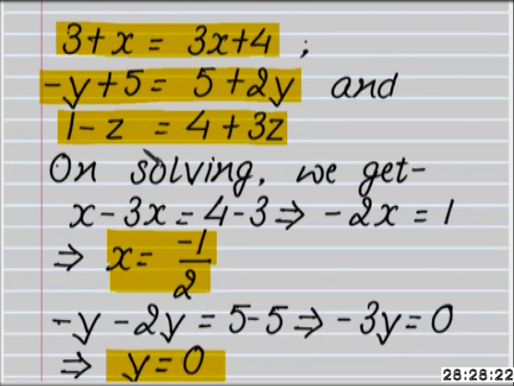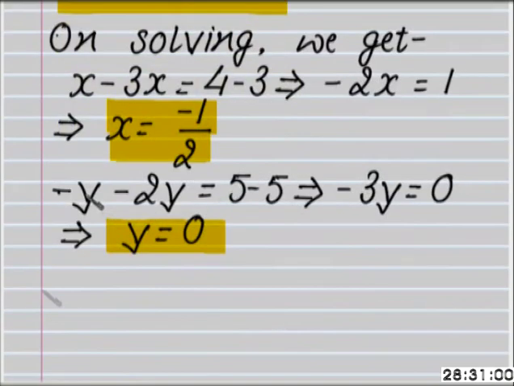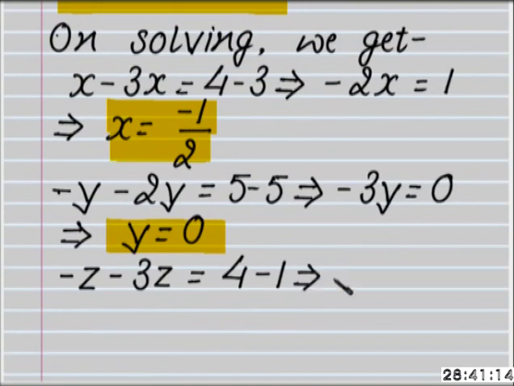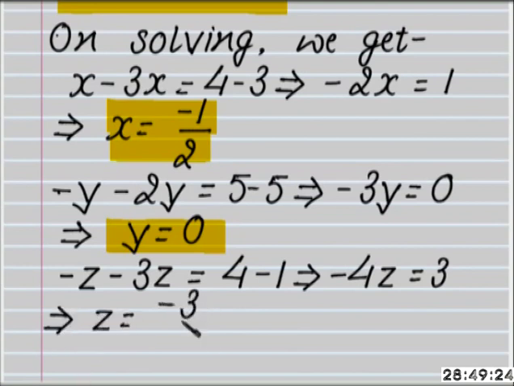Now on solving the next equation, minus z minus 3z is equal to 4 minus 1, implies that minus 4z is equal to 3, implies that z is equal to minus 3 upon 4.